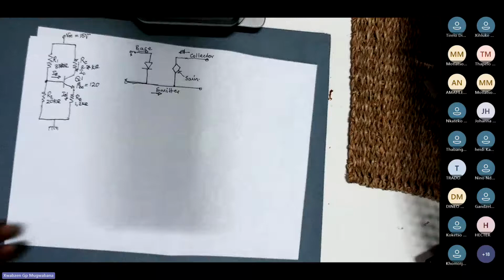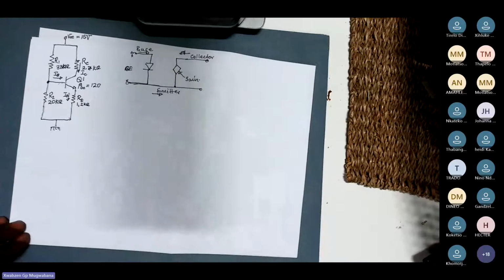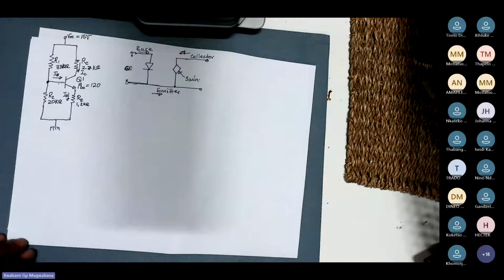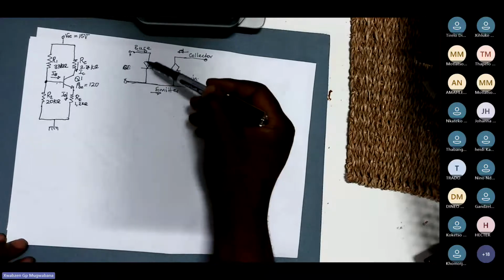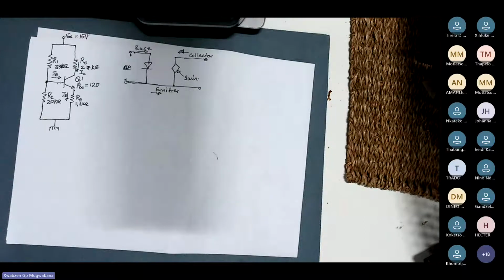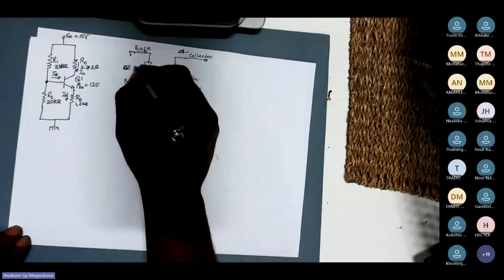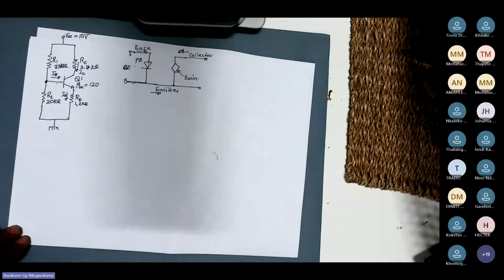That is where you will find your BE connection. Now, your BE connection, the point between the base and the emitter, is when this diode is being switched on. When this diode is switched on, it is forced into forward bias mode.